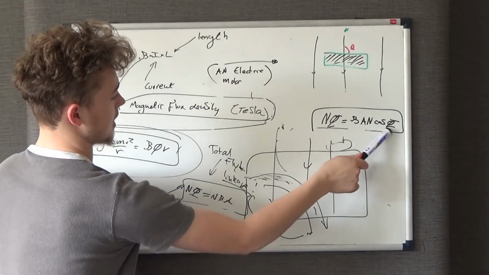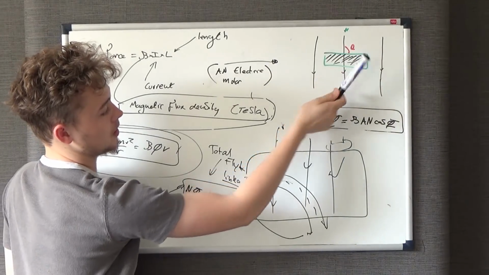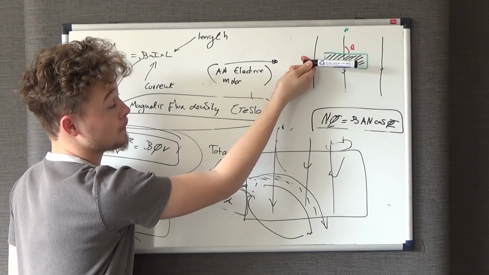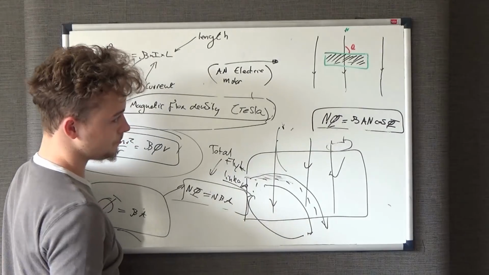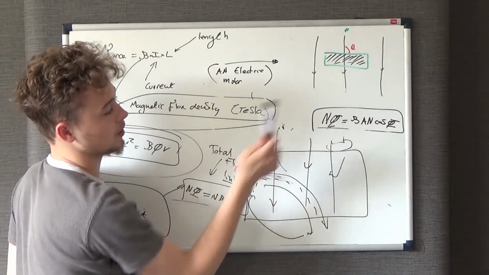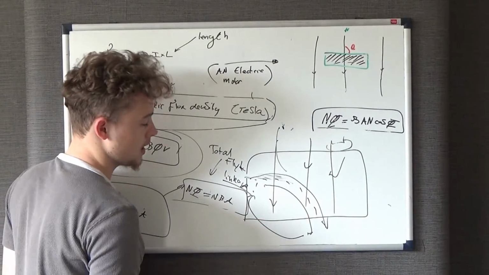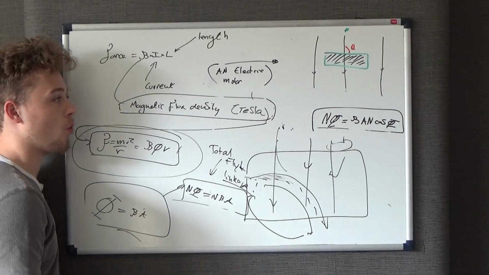And this theta, this angle, is the angle between the horizontal of the magnet to the normal of the field line. Okay, and when the angle is either, say, 0 or 360, this will give the maximum value of 1.